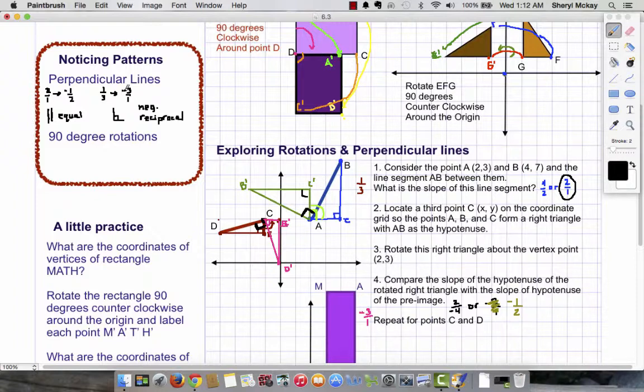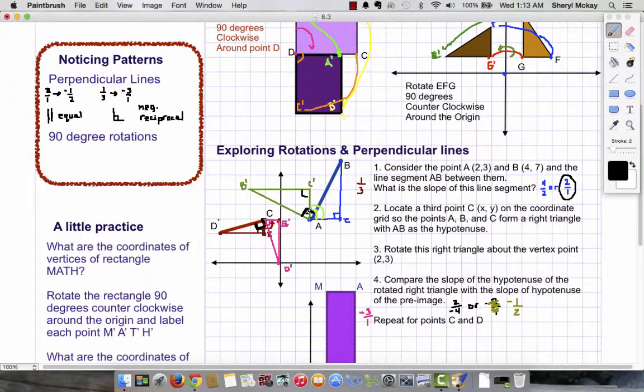And the reason it is so cool is because when you have a 90-degree rotation, wherever your center point is, if you draw a line from your center point, and in this situation, these center points were actually one of the points of the image, but if you draw a line from your center to your other points, and you form a 90-degree angle, the slopes of those lines that you created will be negative reciprocals.